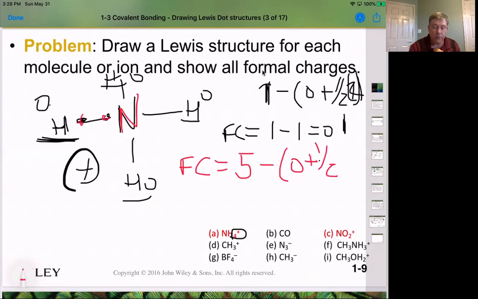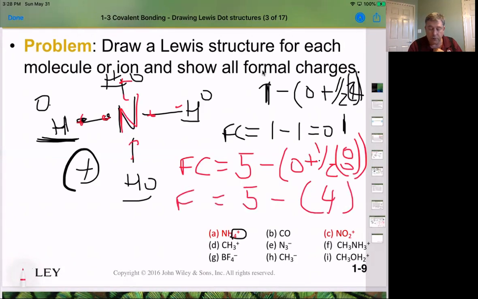We have 1, 2, 3, 4, 5, 6, 7, 8 bonding electrons. So 1/2 of 8 is equal to 4, and 5 minus 4 is equal to plus 1. That means that nitrogen has a +1 formal charge. Okay?